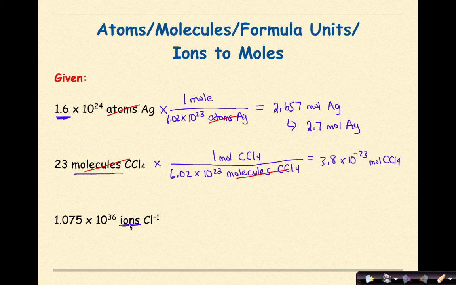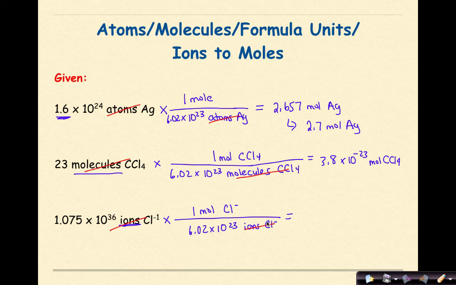I'm dealing with ions here. So again, multiplication sign in a line. I'm going to put ions on the bottom. So I'm converting this into 1 mole of chloride ions. So I'm going to have 6.02 times 10 to the 23rd ions, Cl minus on the bottom.